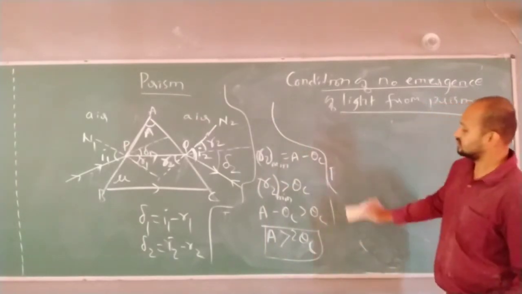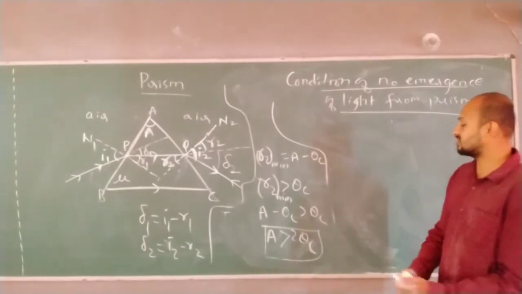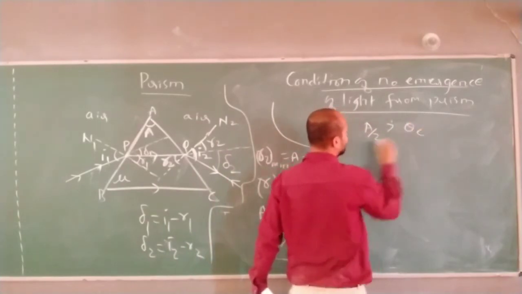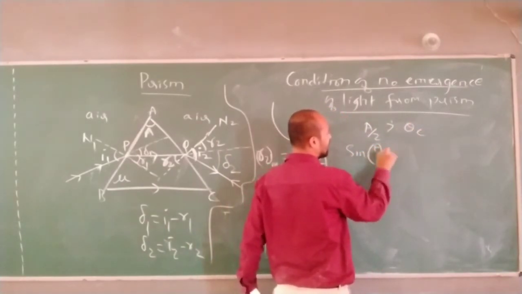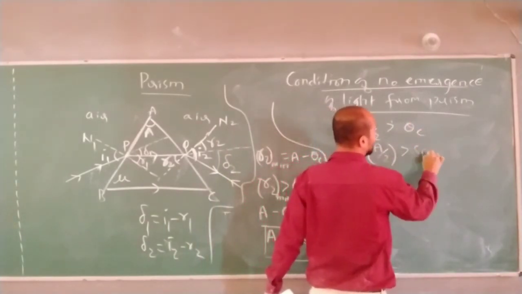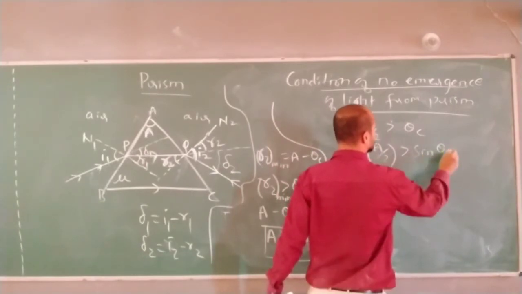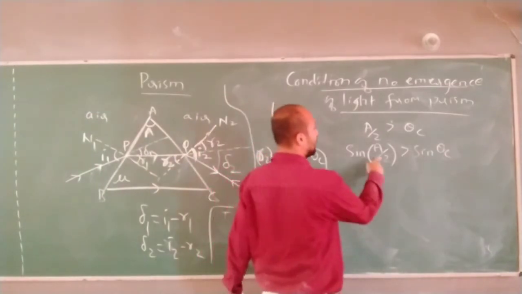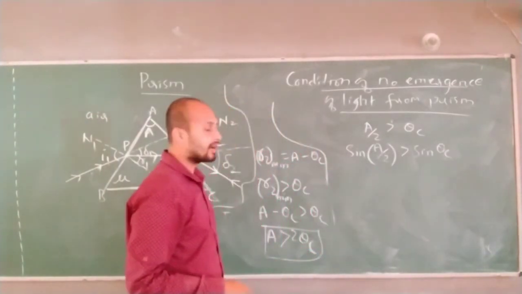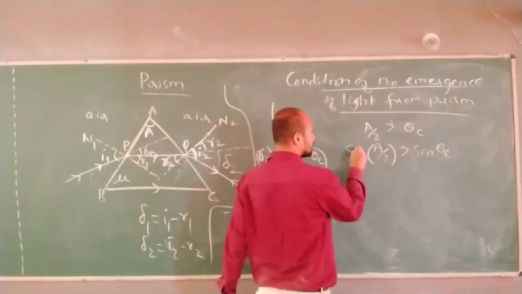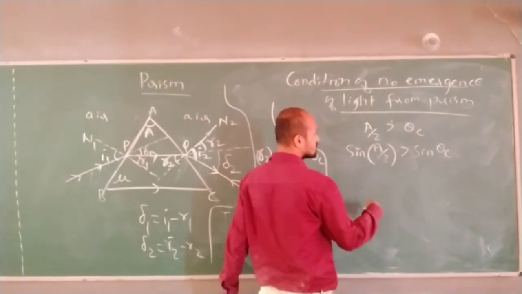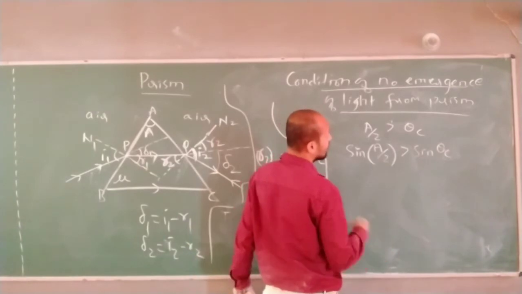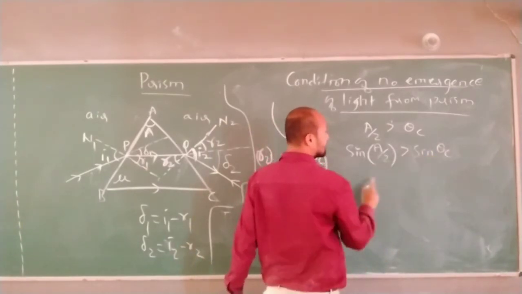Second thing, I will extend this equation. This equation can be written as A by 2 greater than theta c. Take sine on both sides: sin of A by 2 is greater than sin of theta c. Now sin theta c is nothing but 1 by mu.